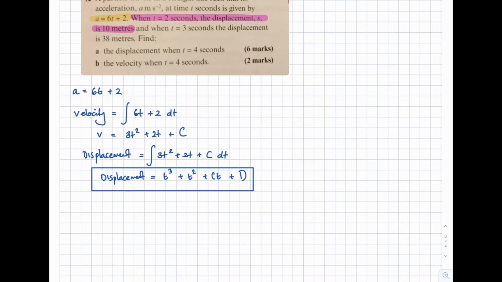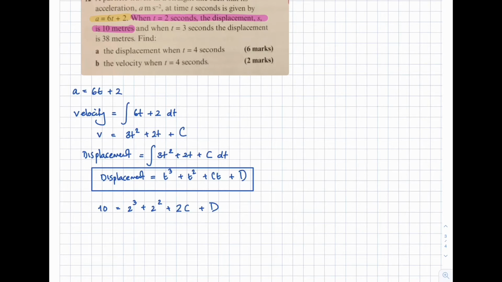So displacement is 10. So we'll say 10 is equal to, t was 2, 2 cubed plus 2 squared plus c times 2, which is just 2c, plus some number d, which we don't know.